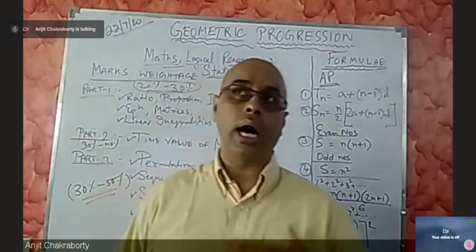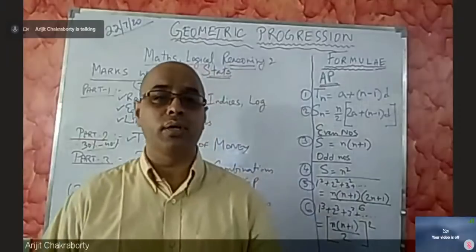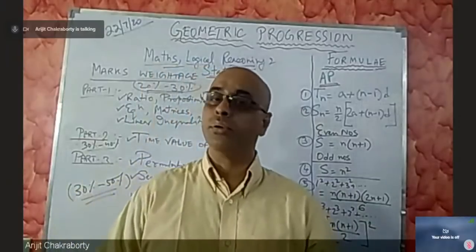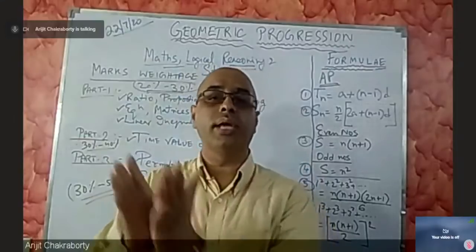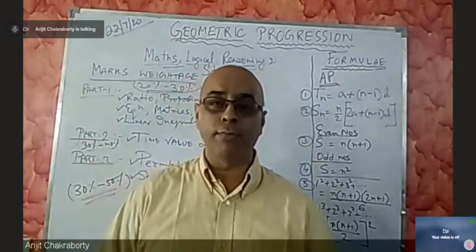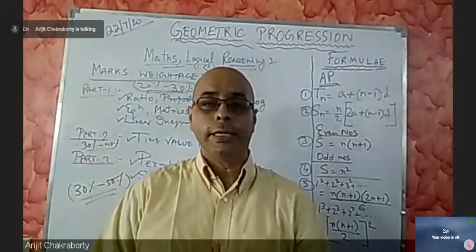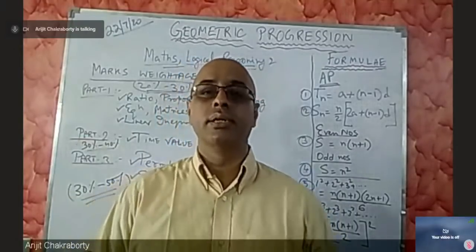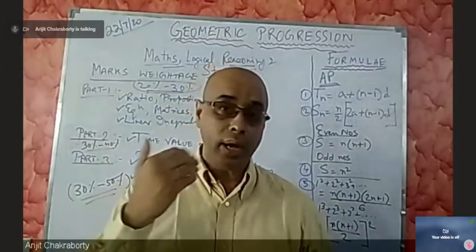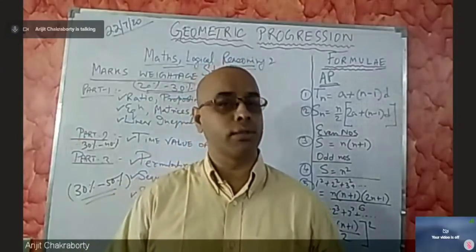Friends, we are now almost towards the end of our mathematics syllabus. You know the entire paper is divided into 40, 40 and 20. So business mathematics is 40 marks. Logical reasoning is 20 marks and statistics is 40 marks, right? Now we are reaching towards the end of the mathematics part.